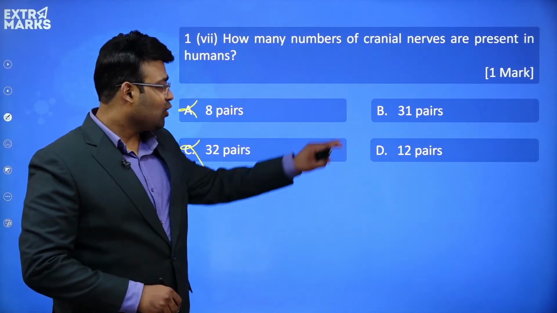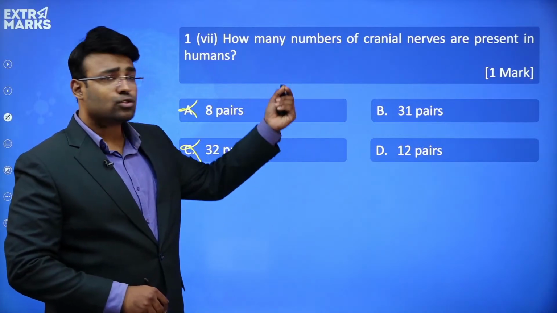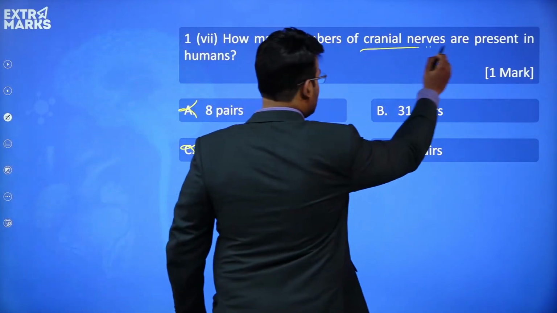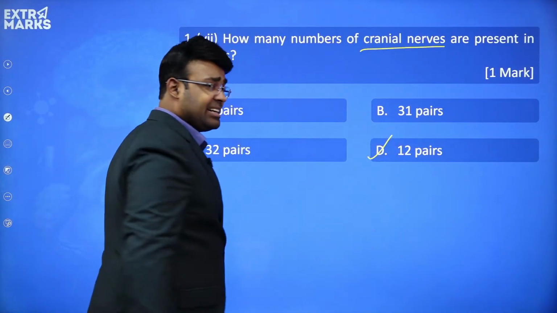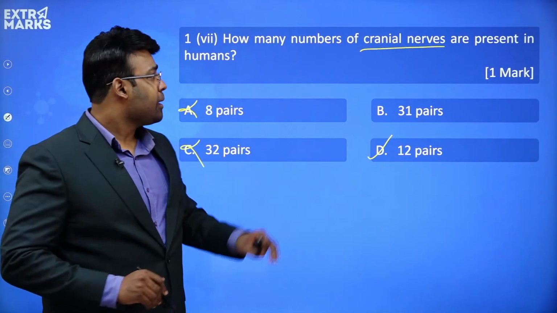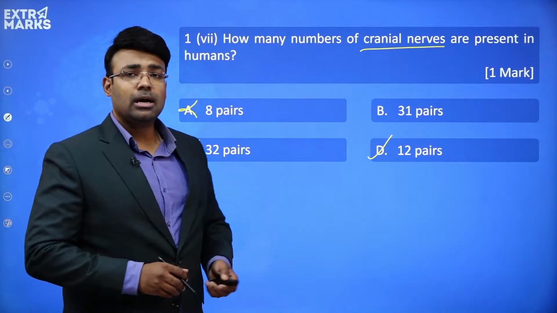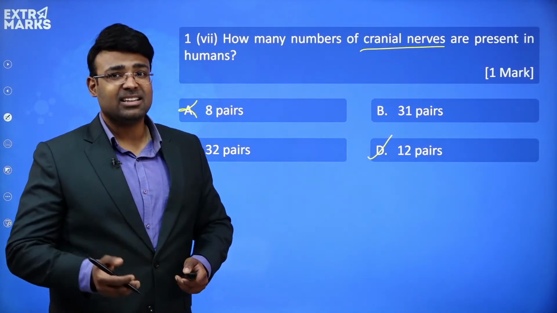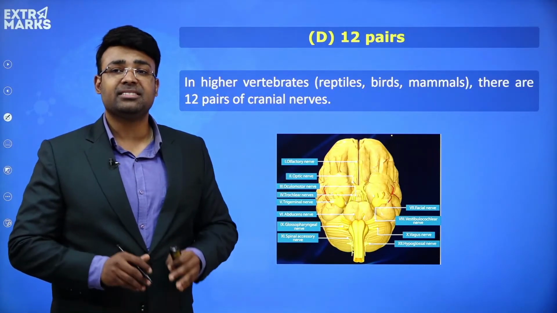In the case of this question, which is saying cranial nerves, option D is right, while option B is wrong here, although it is right in the case of the spinal nerves. Spinal nerves are 31, but cranial nerves are 12. So option D, which is 12 pairs, is the right option.